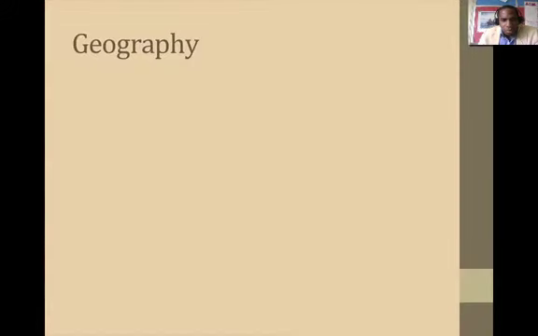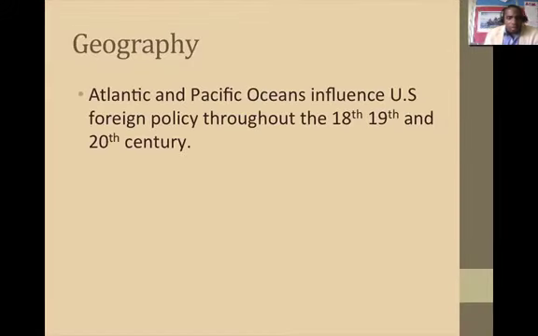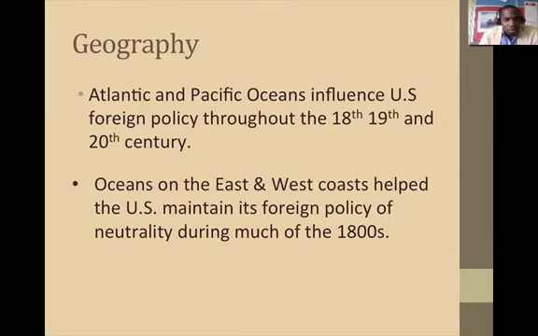Now, knowing about geography in U.S. history regions, there's certain things we need to know, like the Atlantic and Pacific Oceans and how they influenced foreign policy from the 18th, 19th, and 20th centuries. The oceans to the east and west coast helped the U.S. maintain its foreign policy of neutrality during much of the 1800s.